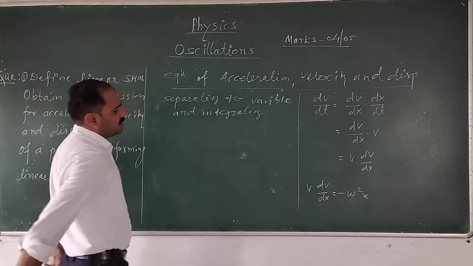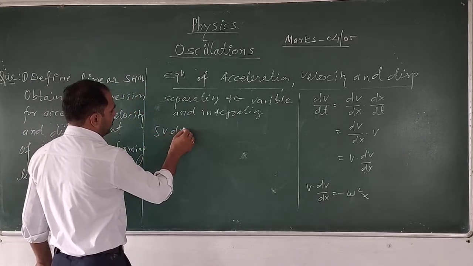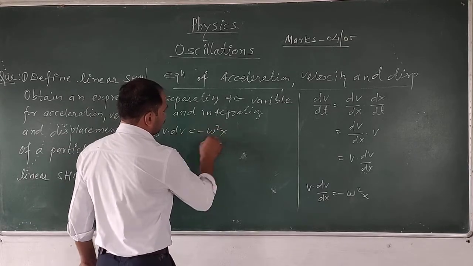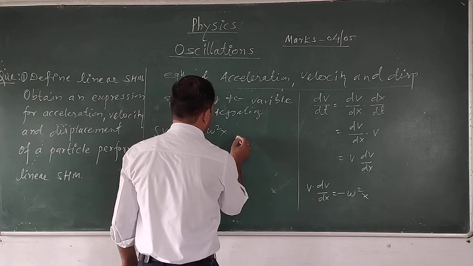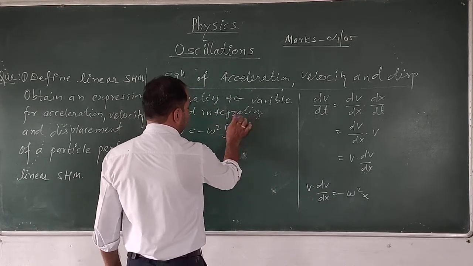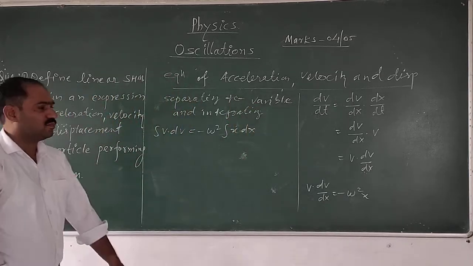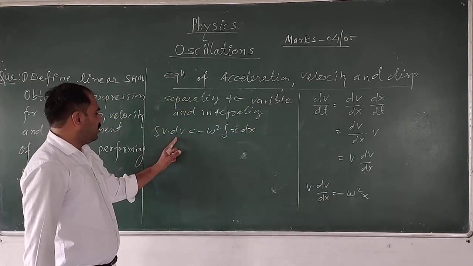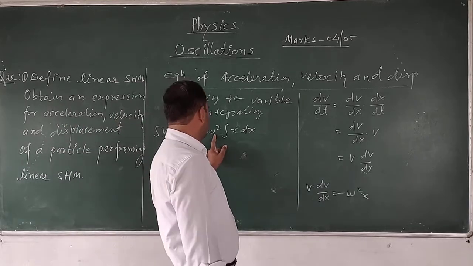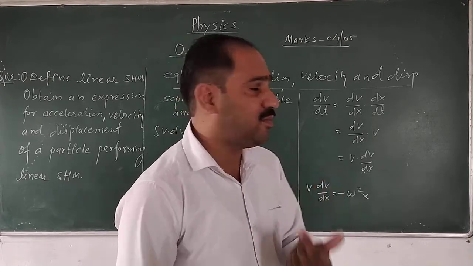After integration and separation, we will get the new form, that is the integral of v dv is equal to minus omega square x dx. On the other side of the integration, that is x dx. The integral of v dv is equal to minus omega square. Omega square is a constant, therefore it is taken outside of the integration sign.